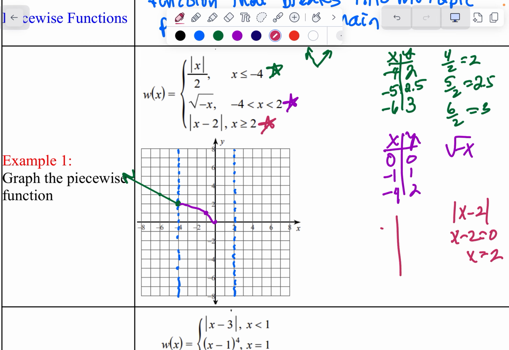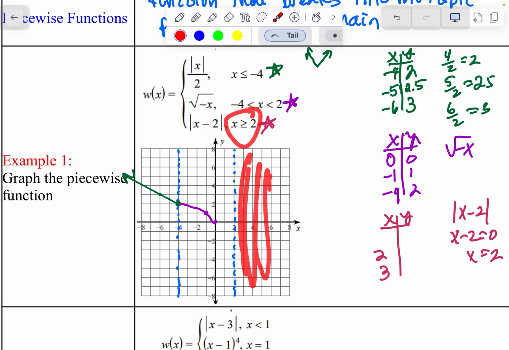So for this one, normally I would plug in 2, 3, and 1. But see how we only are allowed to plug in things bigger than 2. So this one's out. I can't plug in 1 because my V only lives in the area that's greater than or equal to 2.